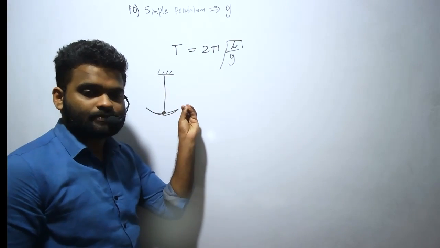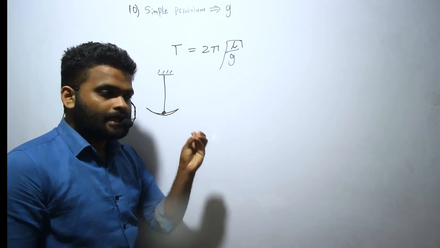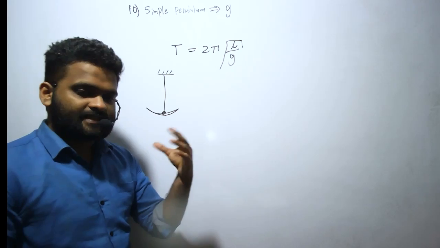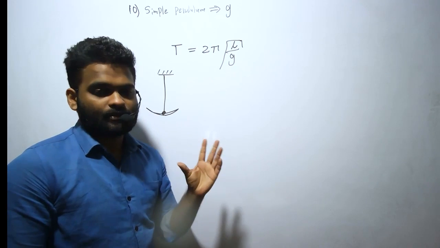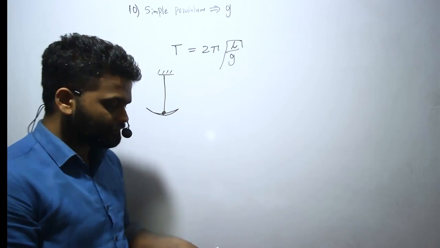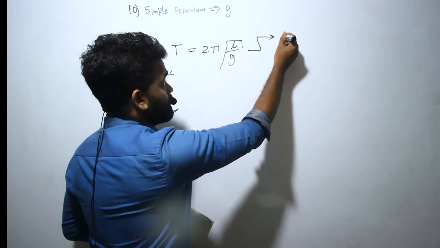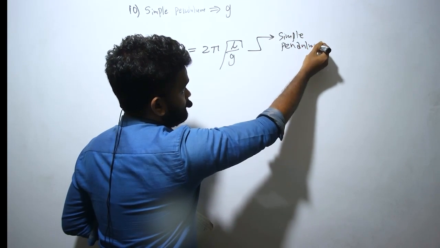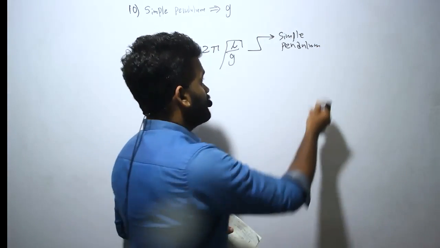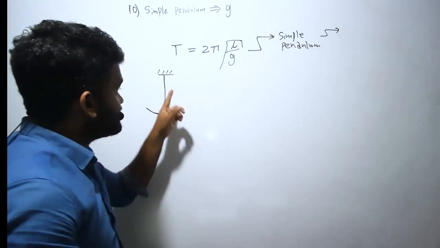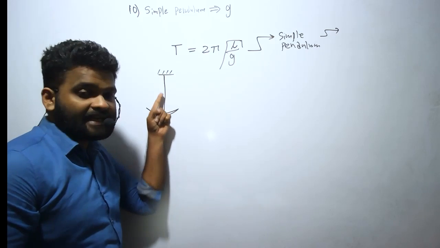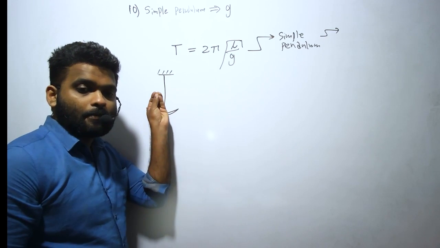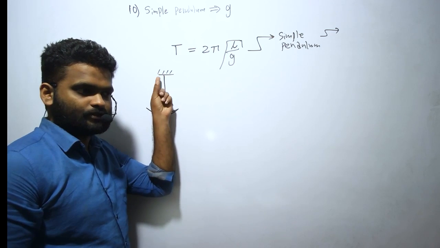So before doing the experiment, we have to make sure that this is a simple pendulum, not just a pendulum. This is a simple pendulum, right? So if it is a simple pendulum, this string should be light. This string should not have any mass, I mean this should be weightless.